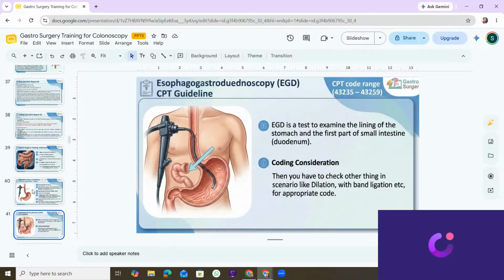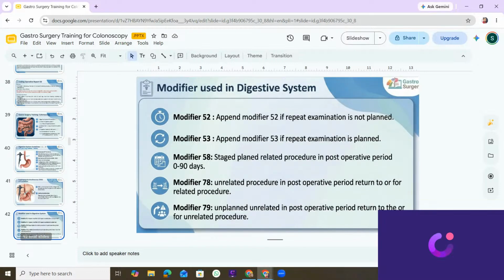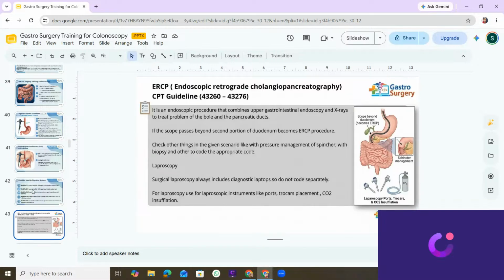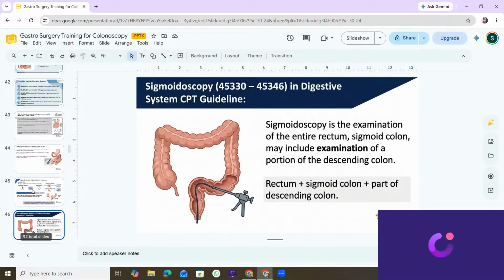During consideration, you have to check other things in the scenario like dilation, band ligation, etc., and the appropriate code will be selected accordingly. Modifiers we discussed. ERCP, endoscopic retrograde cholangiopancreatography guidelines, we will discuss. All those points you will see here.